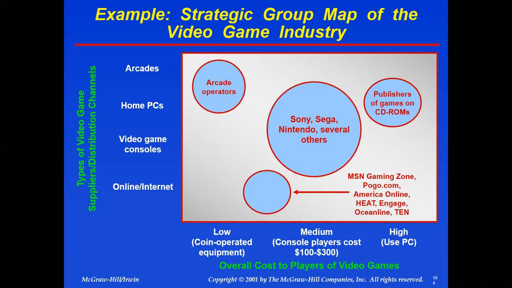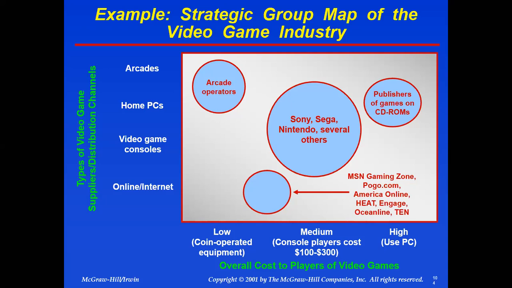firms from one another. For example, in our example on the slide, we have taken types of video games, suppliers and distribution channels, which can be arcades, home PCs, video game consoles, online internet games. And on the x-axis, we have taken overall cost to players of video games, which can be low, medium, and high.